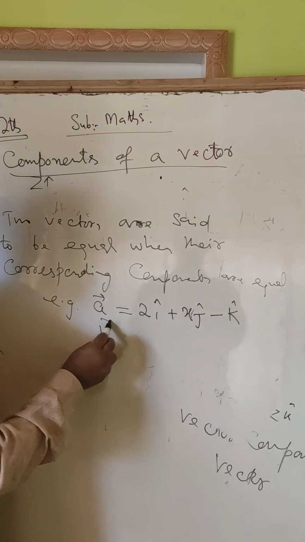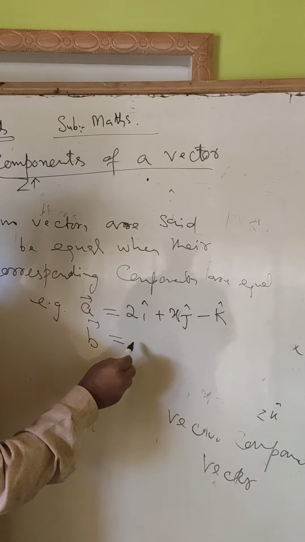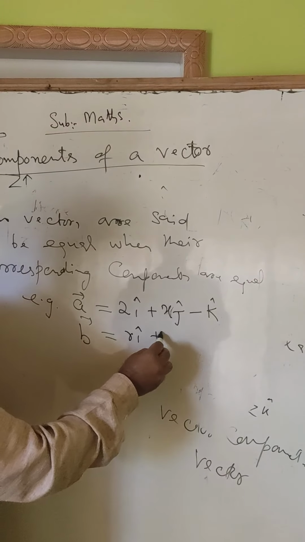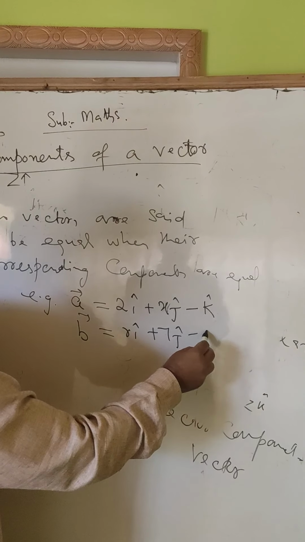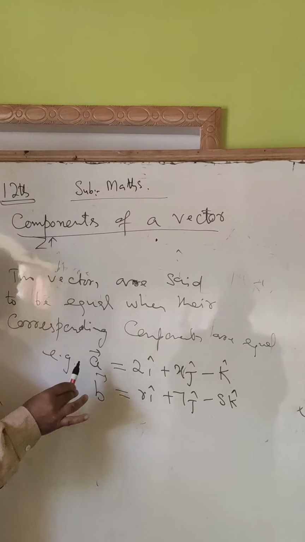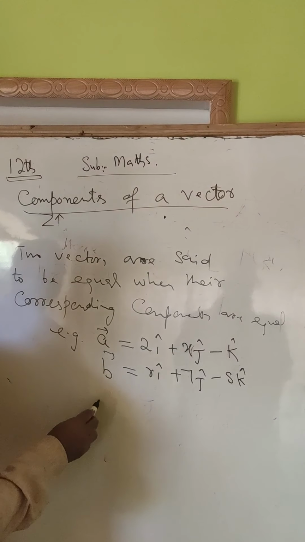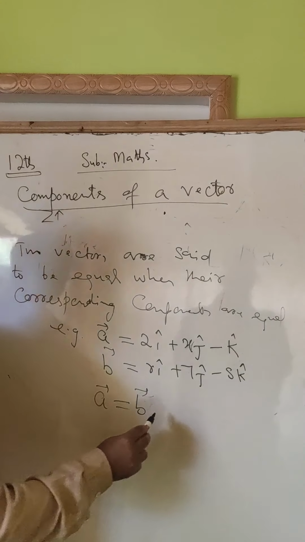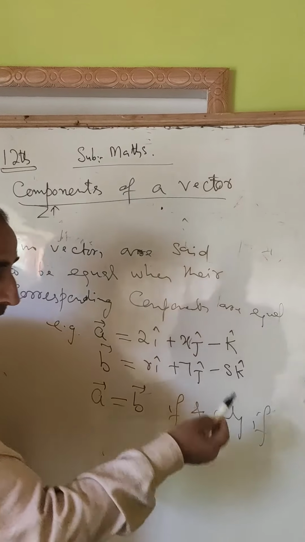दूसरा वेक्टर हम लेंगे b वेक्टर इज इक्वल हम लेंगे ri plus 7j माइनस sk। Two vectors are equal if and only if a vector is equal to b vector. These two vectors are equal if and only if their components are equal.